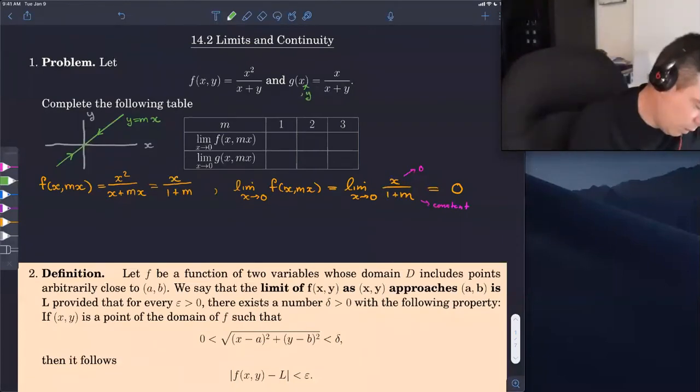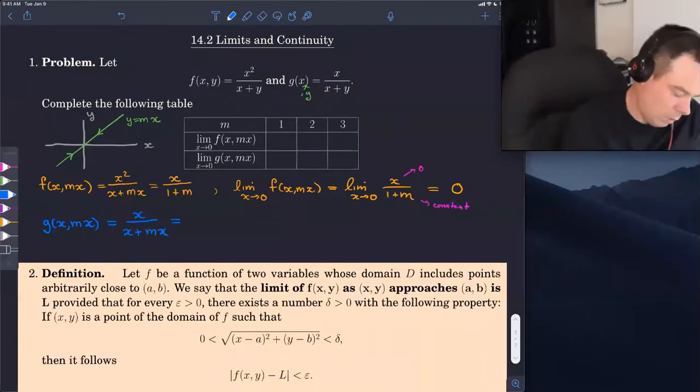The second function, we can do the same thing. g of x, comma, mx. That is x over x plus mx. And again, we can simplify. That's 1 over 1 plus x. Sorry, 1 over 1 plus m. I keep wanting to write the x there. 1 over 1 plus m.